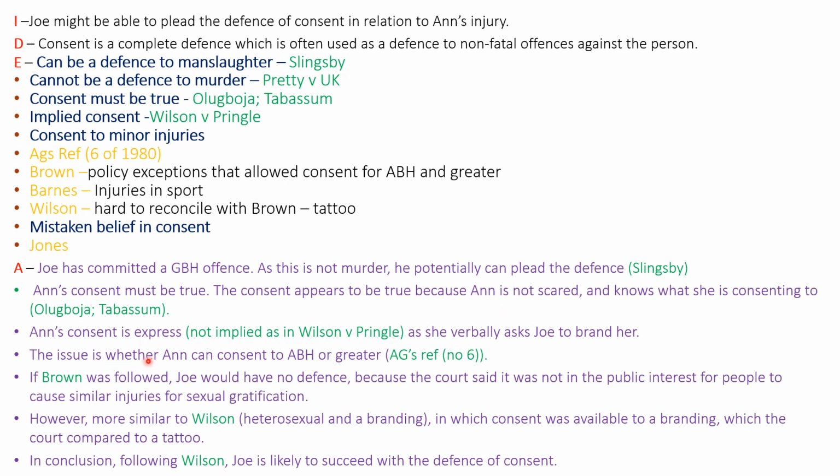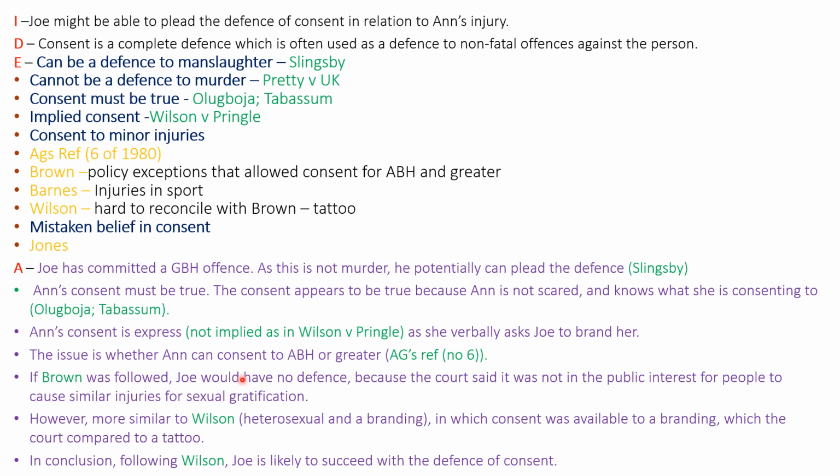The issue is whether Anne can consent to ABH or greater here, and we'd refer to AG's Reference, which seems to suggest that she cannot. But this is where we get into the sticky situation of will Brown or Wilson be followed? So if Brown was followed, Jo would have no defence because it's not in the public interest for people to be doing things like this for sexual gratification.